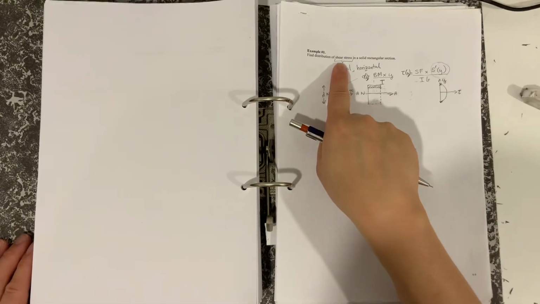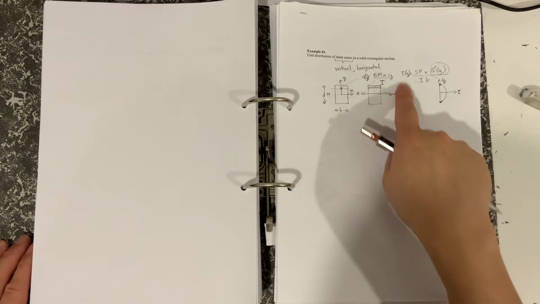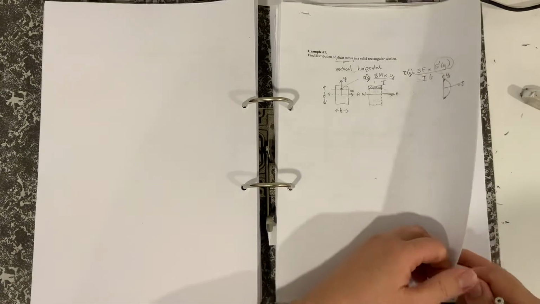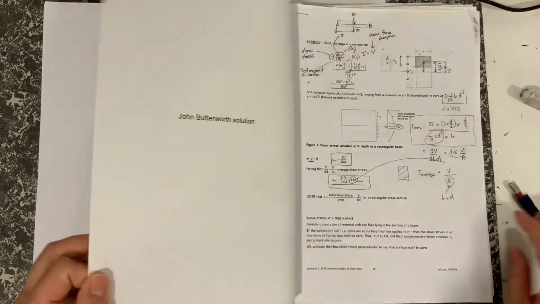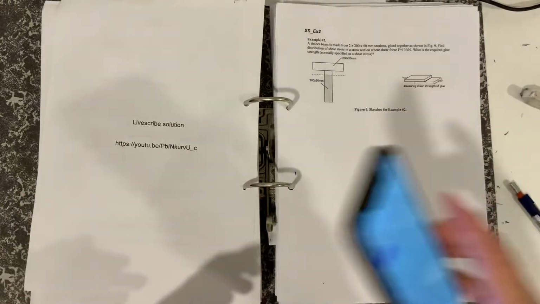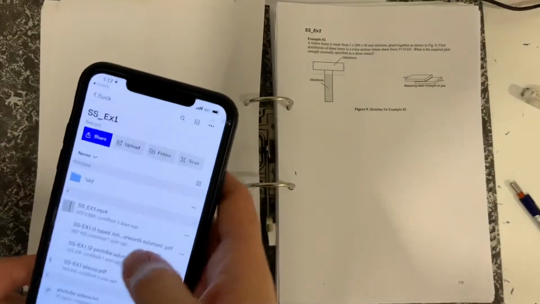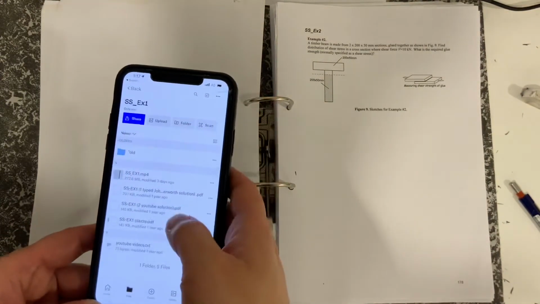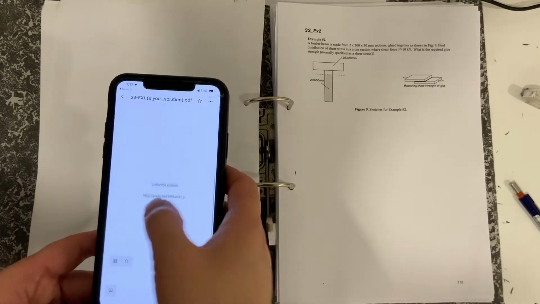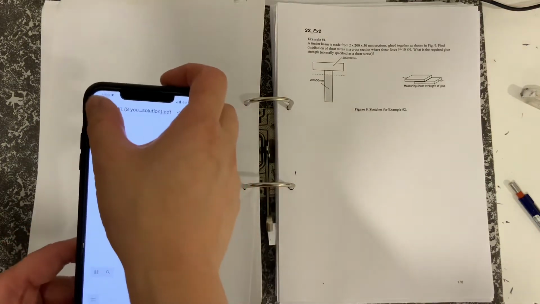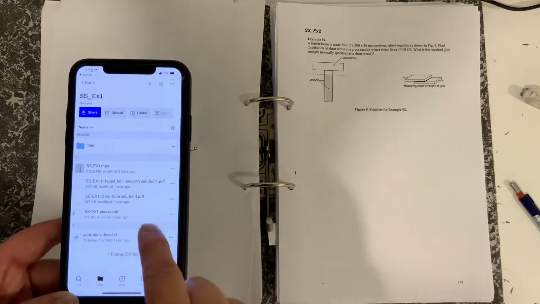So this equation is not really that hard to operate, as we can see from this example in this chat about it. Now, if you go to the Dropbox, for example 1, I've got the typed John Butterworth solution, which you can see there, that I talked about, and then I've got my YouTube solution, or my LiveScribe solution, so you can just go to that link there, which should be the same, and you'll listen to me chat about this for a while.